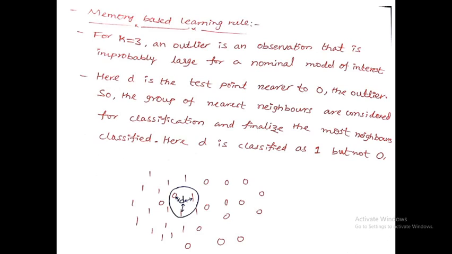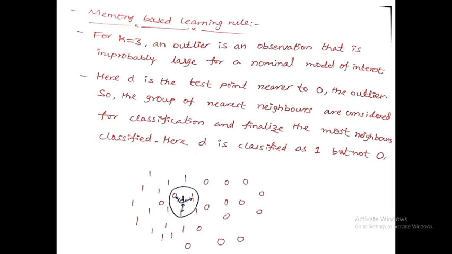But as per the definition, if the X test vector is near to the 0, by the normal nearest neighborhood rule, that X test also is 0 only. But that is a wrong classification.